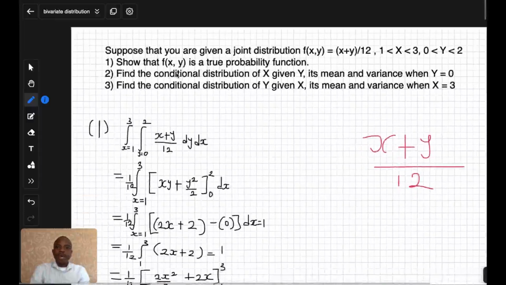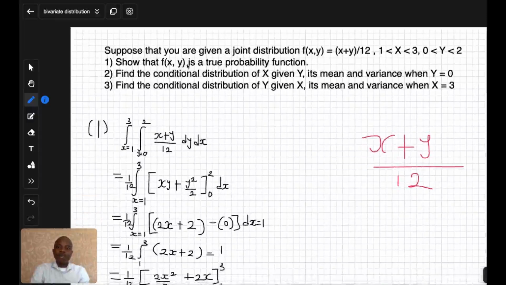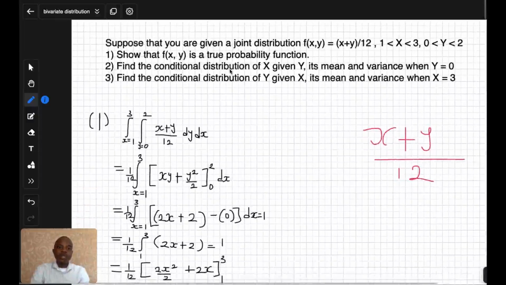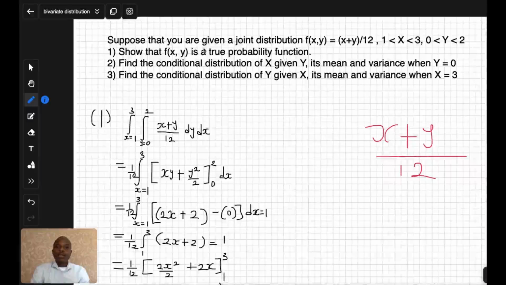We are told to show first that f of x comma y is a true probability function. In order for it to be a true probability function, what I have here must be equal to 1. It's a continuous distribution.